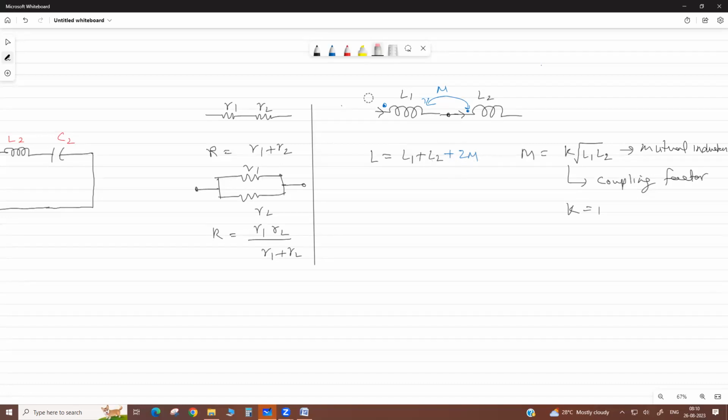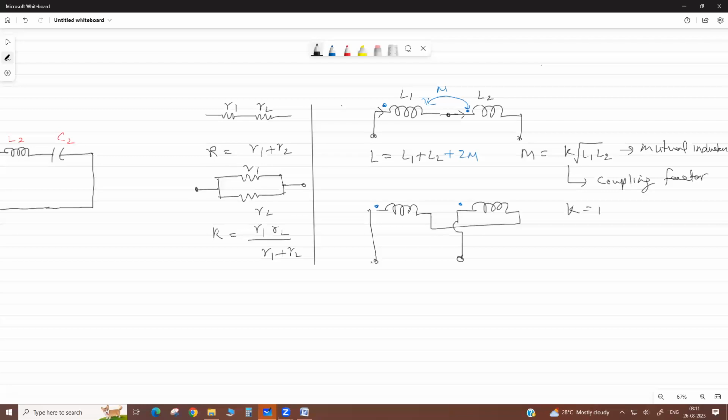When it comes negative: suppose this is coil 1, this is coil 2. Suppose the dot is here and the dot is here. Now suppose it is connected, this is also in series. If we connect this way and apply the voltage here, positive and negative, see what happens.